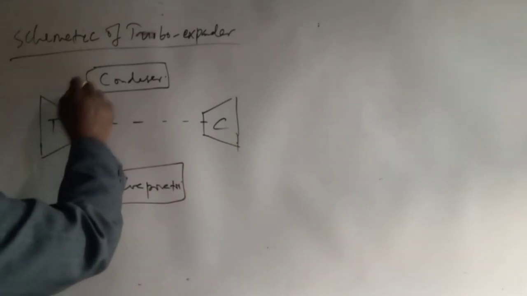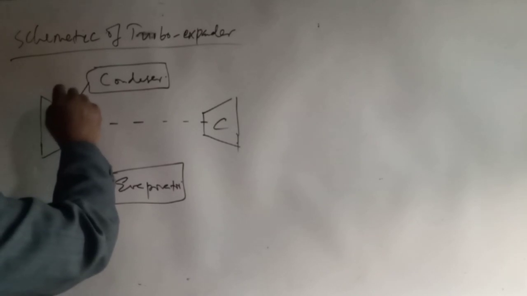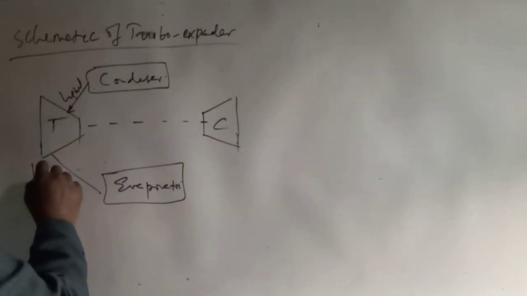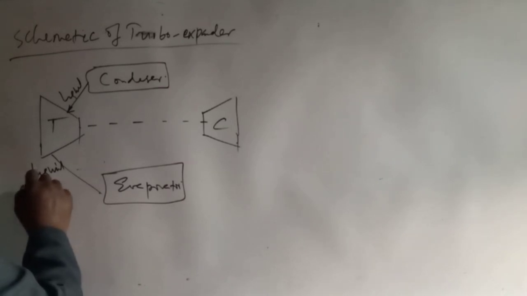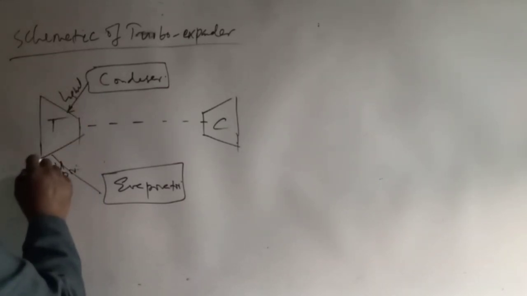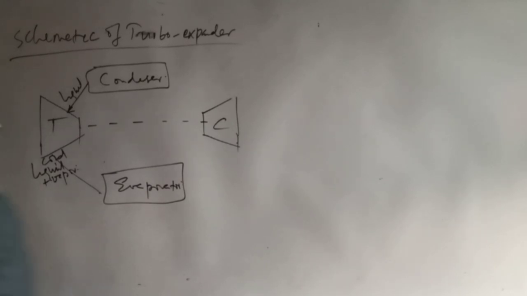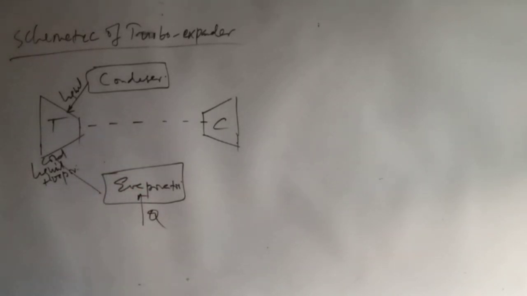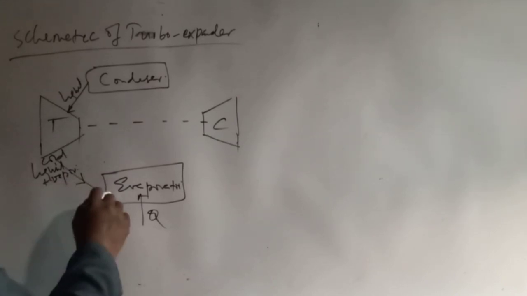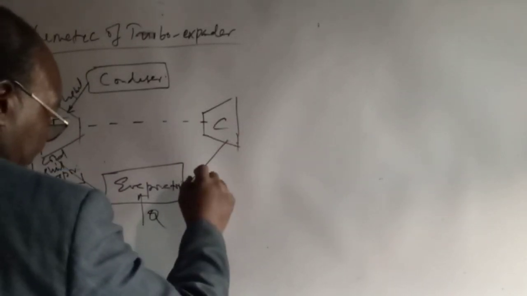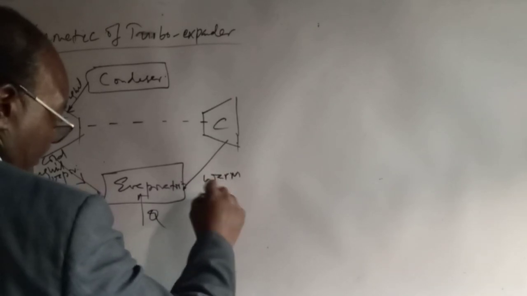Here you have liquid, you get liquid plus vapor, of course cold. In the evaporator here, you take in some heat, so that when this comes out, you'll have warm vapor.